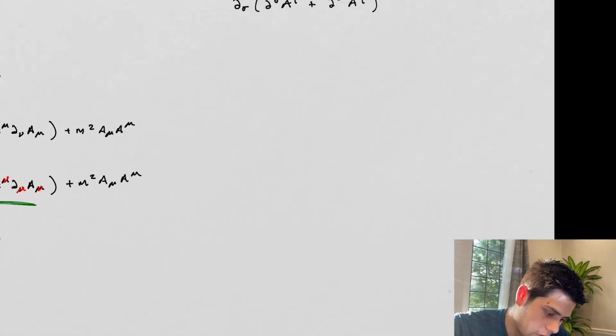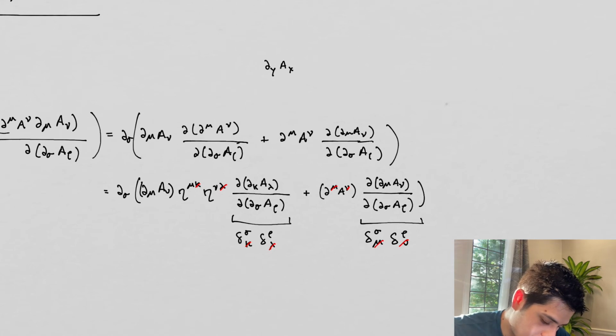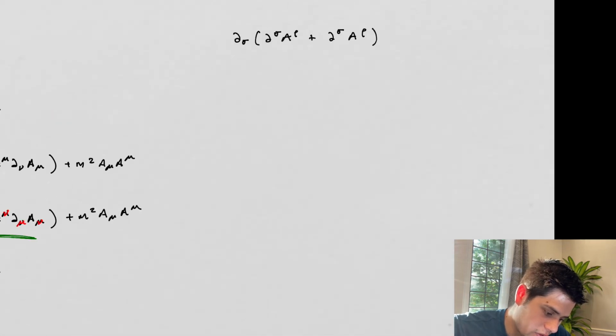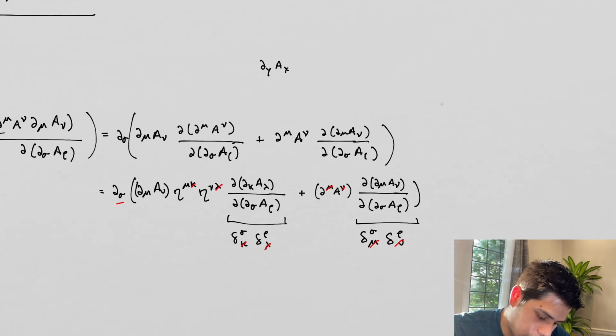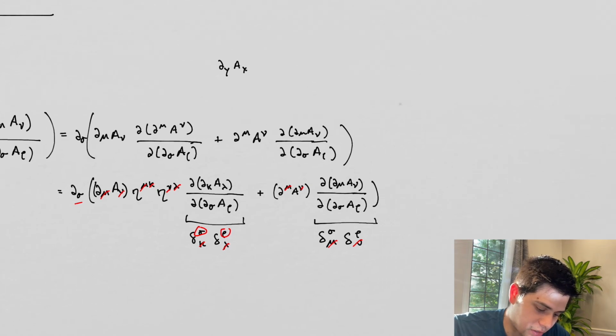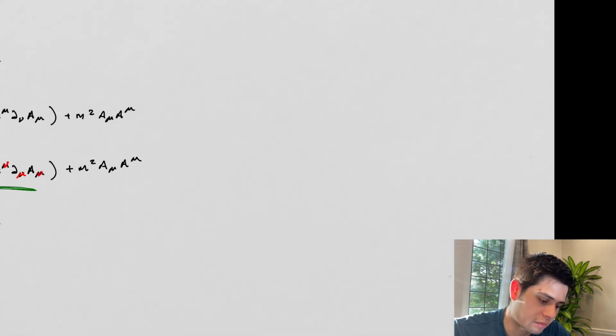Let's see, rho and sigma. So here's our sigma, and here's our rho. So we can see how that all worked, right? Okay, I hope that makes sense. There's a lot of index moving around here, which is not very fun when it comes to the Proca equation.